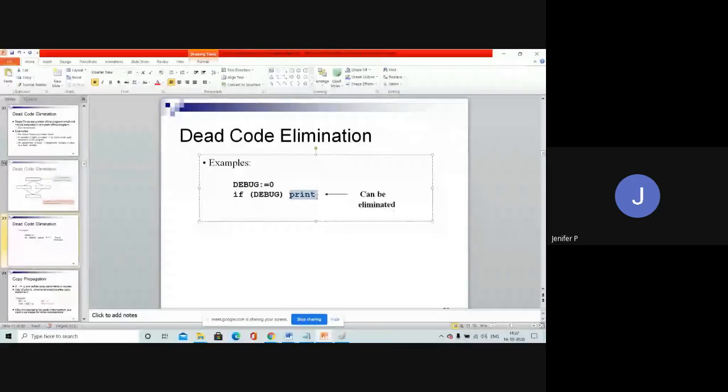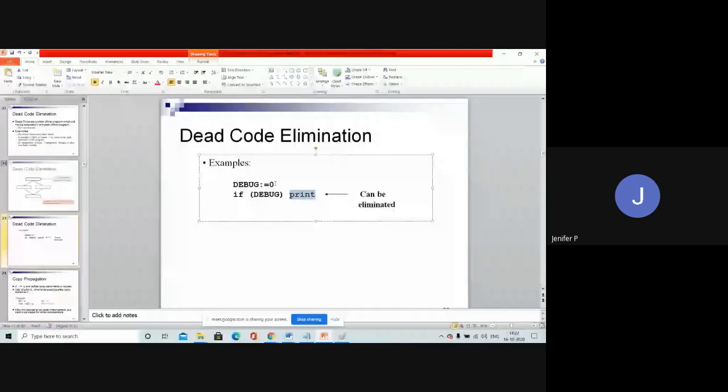That means this print is never executed because debug is initialized to 0 and there is no statement for changing the debug value. So this is said to be dead code and should be deleted.